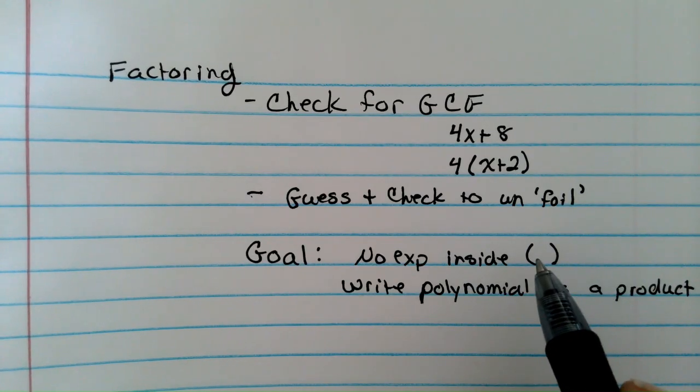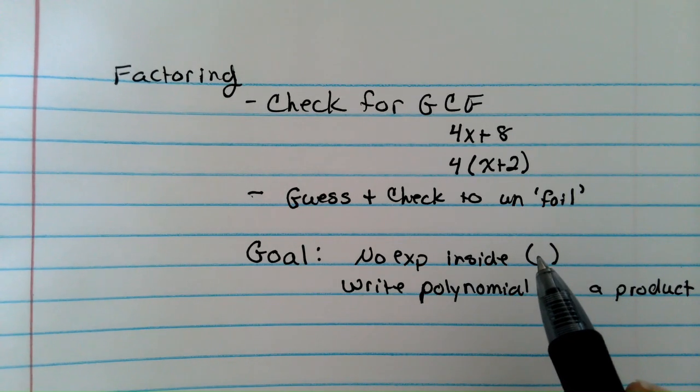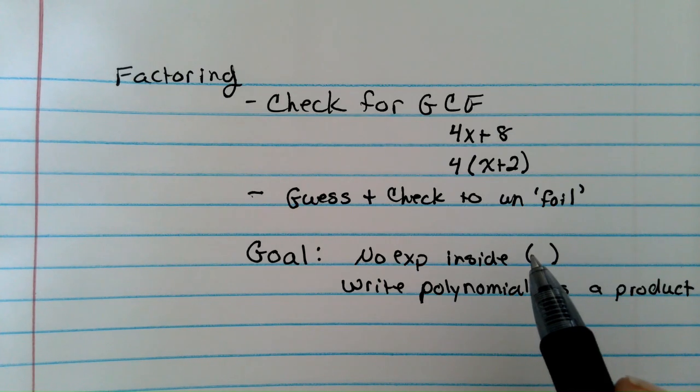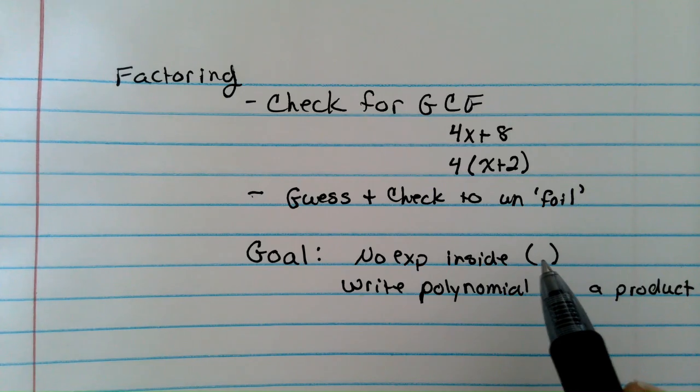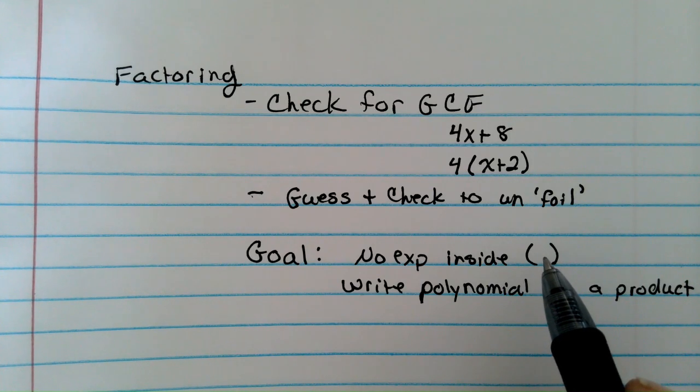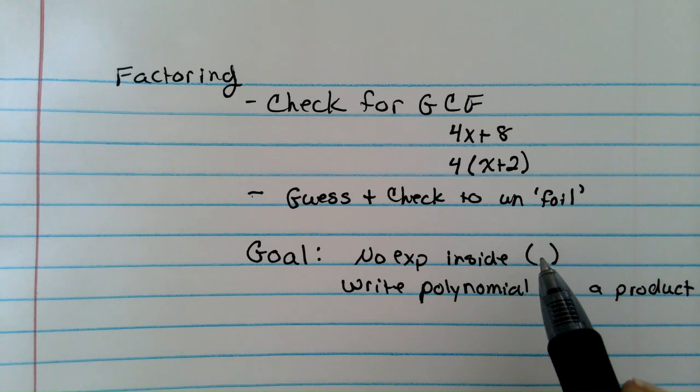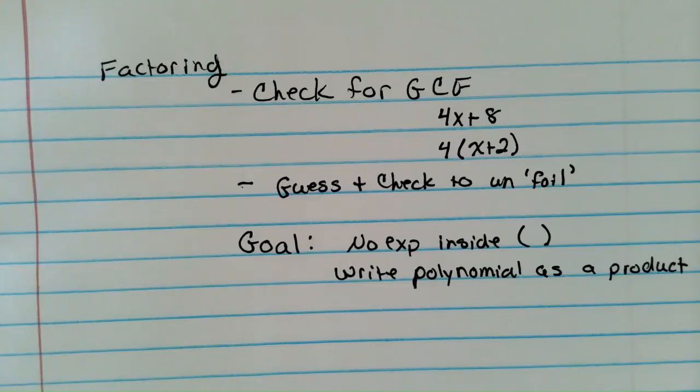If you have a graphing calculator, I'll give you a hint: if you were to graph each parenthesis separately, if that parenthesis crossed the x-axis at a rational number, you can probably factor it more. If it crossed at irrational numbers or not at all, you may not be able to factor it. So just a quick key. You have to understand how your graphing calculator works to be able to do that.